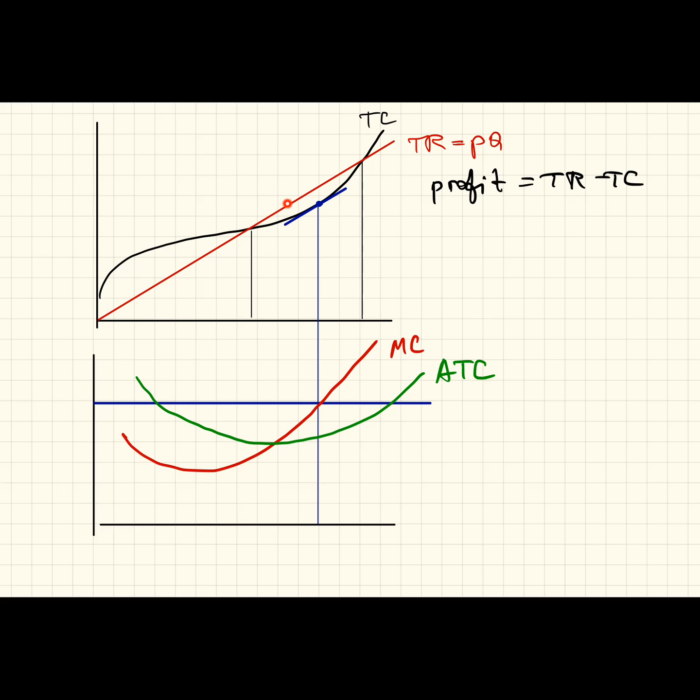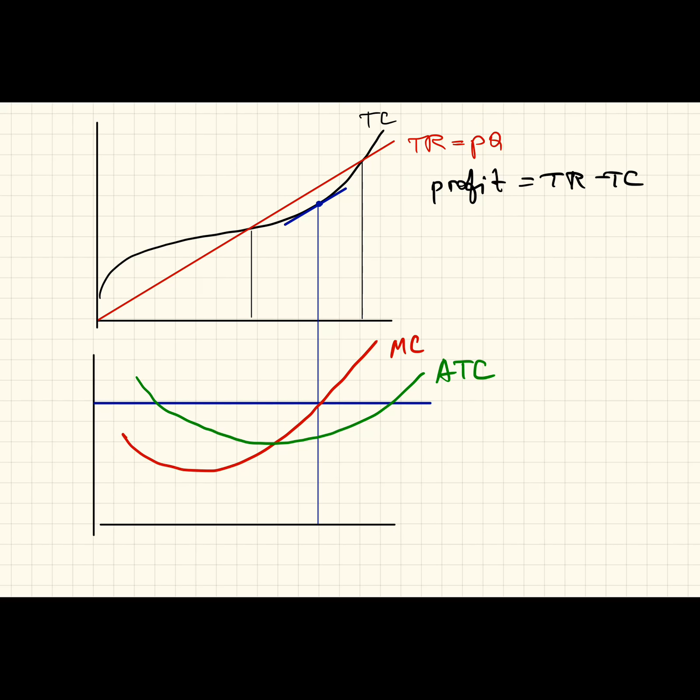So you can just pretty much figure out where the total revenue curve is as far as possible away from total cost, assuming that, of course, it's above total cost. Which means you have to look for your maximum profit somewhere here, right? Because that's the only area where total revenue is above total cost.